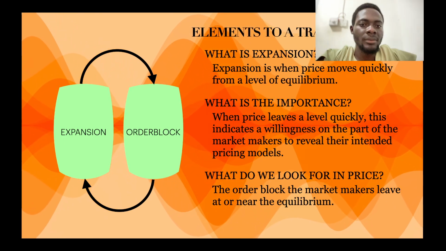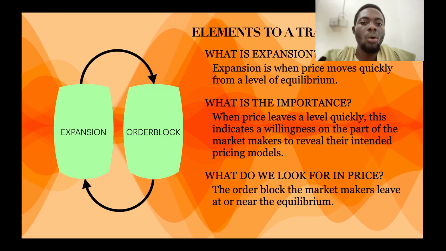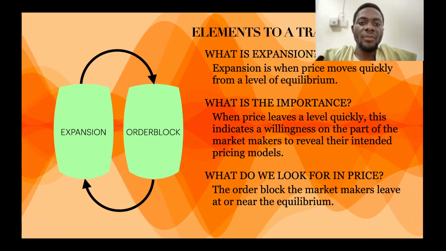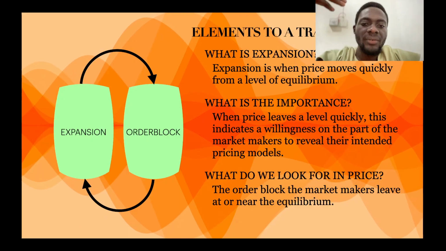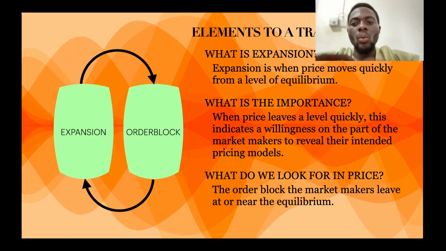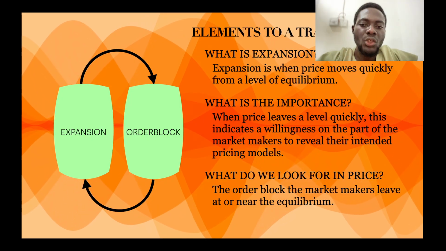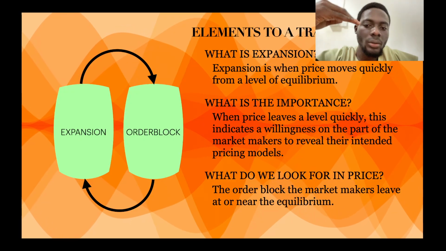That's expansion. What is the importance? The importance of the expansion is when price leaves a level quickly or impulsively. This indicates a willingness on the part of the market makers to reveal their intended pricing models.